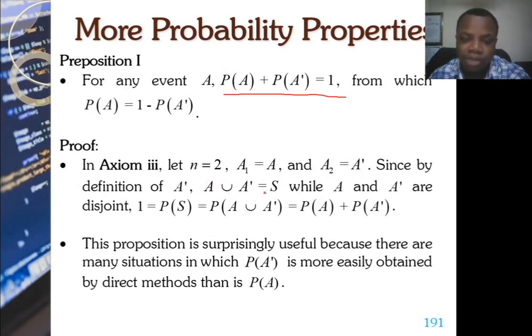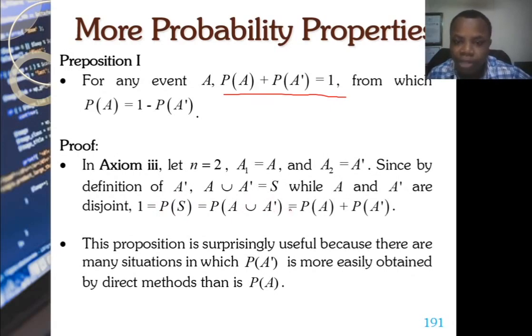The sample space. Remember that the combination of the event as well as its complement is going to give us the entire sample space. So while A and A prime are disjoint, this implies that the probability of the sample space, which is equal to 1, is the same as the probability of the event union of what?